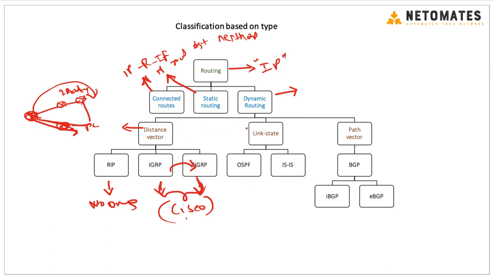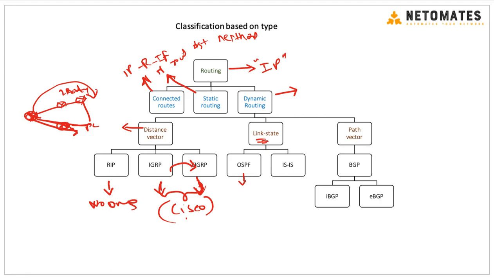The next one is link state. In link state, every router will know the entire network topology. Once they know the entire network topology, they use some algorithm to find the shortest path. We have two protocols in this category: OSPF and IS-IS.